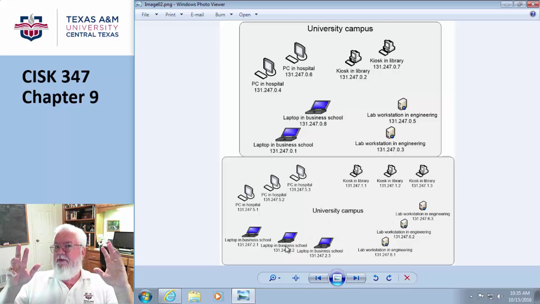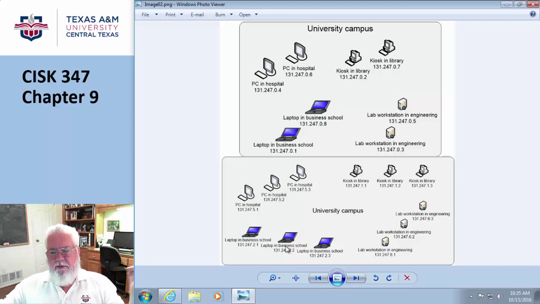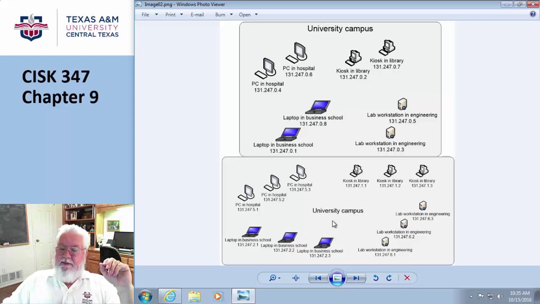They just broke it up into 4 different subnets. They took the IP address space that was given to them and chopped it up into 4, and so now you can manage the machines better because you know which ones belong to you. Most likely the people in the lab don't have anything to do with the machines over here and vice versa. So administrative and management responsibility is a good reason why you'd want to do this.